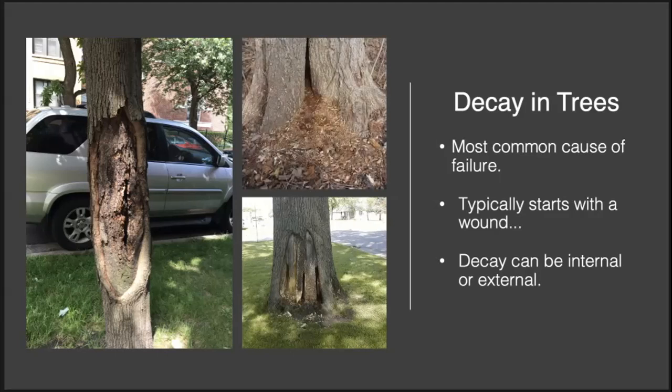So you see the different types of decay that you see. This is actually from damage from construction. This is a canker, what once was a construction damage, and then also you oftentimes see this frass and kind of woody debris, almost like sawdust.